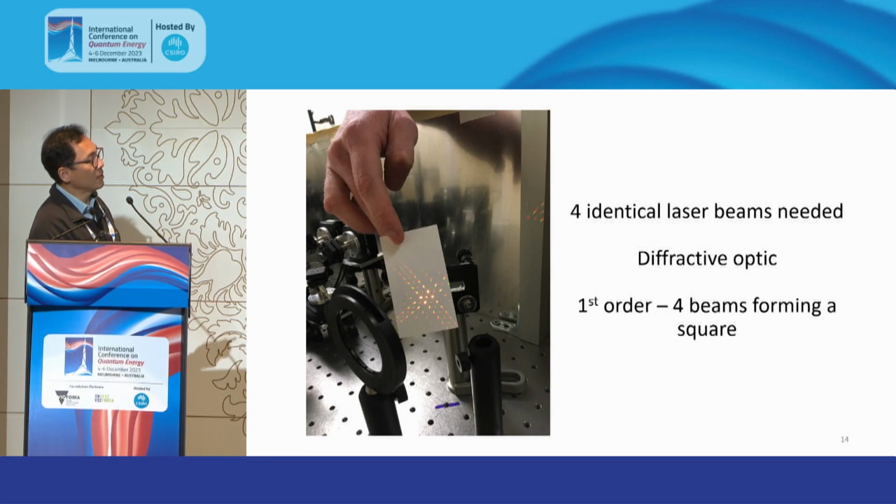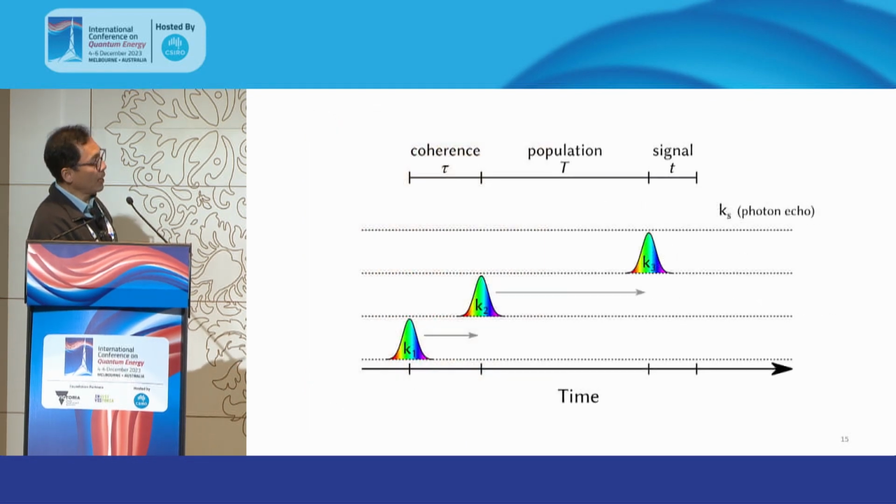You have a series of beams here. So instead of a sequence of radio wave pulses, you now have optical pulses. And they're very fun to look at. The timing of the optical pulses is important, and having fine control of the arrival time of the optical pulses is the key here.